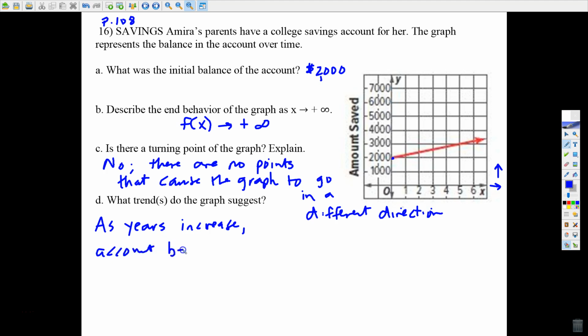I'll just say the account balance. And that's not too hard to understand. It's just a graph of a straight line has a positive slope, and it's going to continue on. Now, obviously, it shouldn't continue on indefinitely because she's eventually going to go to college and she won't need the savings account anymore. It will be spent, but that's more or less what letter E was asking about, which I did not require you to do. I just wanted you to do parts A, B, C, and D.